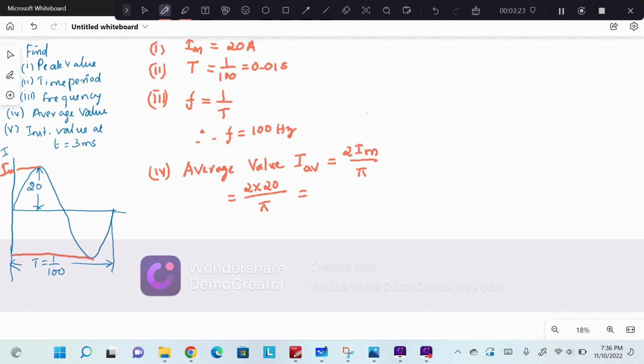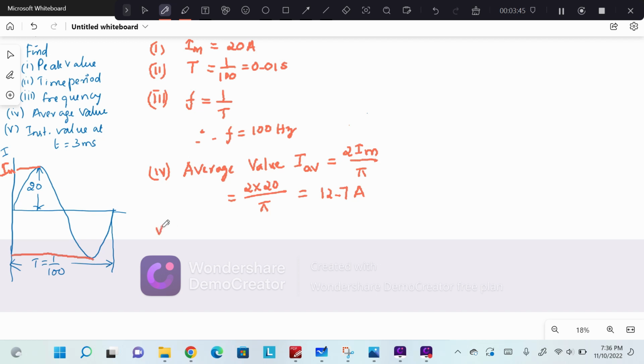It is 40 divided by pi, which is 12.7 ampere. So that is the average value of the current waveform, which is given in the numerical.